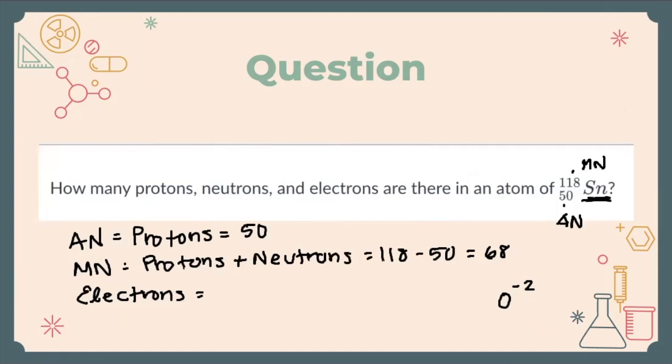Because when the electrons and the protons are balanced, it's 0. So if you had +2 and -2, that is 0. But if you had -4 and +2, that would be -2. And so we have an imbalance of our protons and electrons. But here we see no charge difference. So electrons are equal to the number of protons. So we have 50 electrons. And that is how you should think about questions like these.